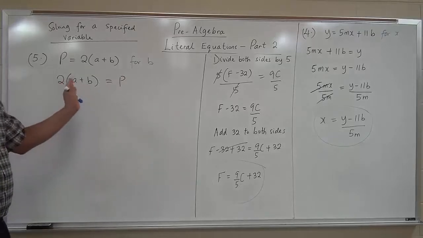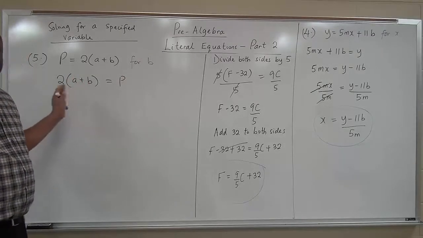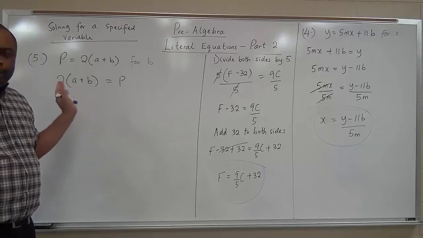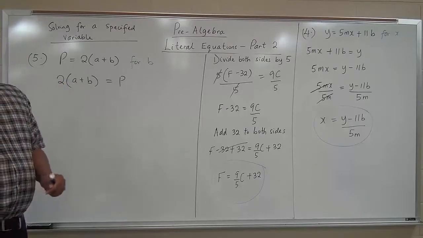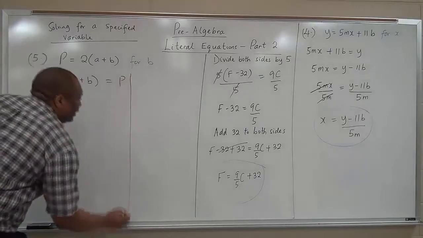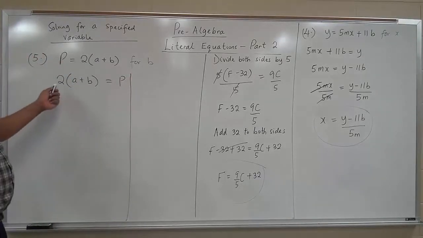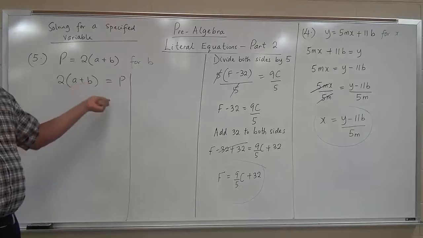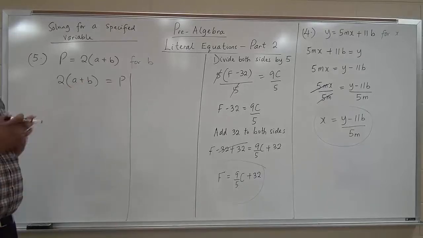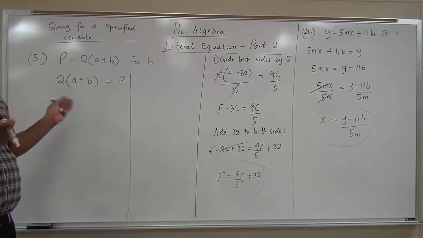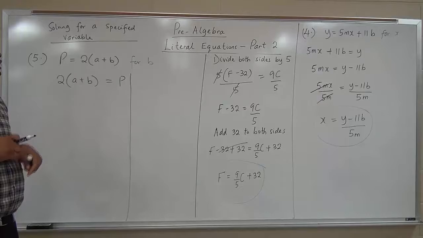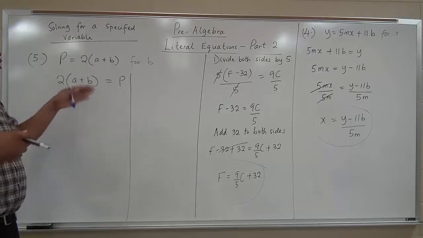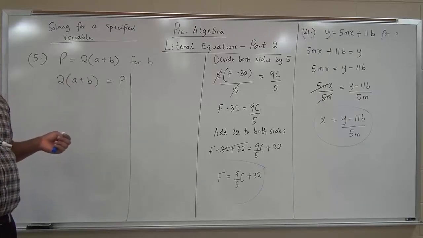When you have this kind of question, there are two ways you can solve this, and I'm going to draw a line here. Some might want to distribute first before they solve, or some might want to just divide and then solve.